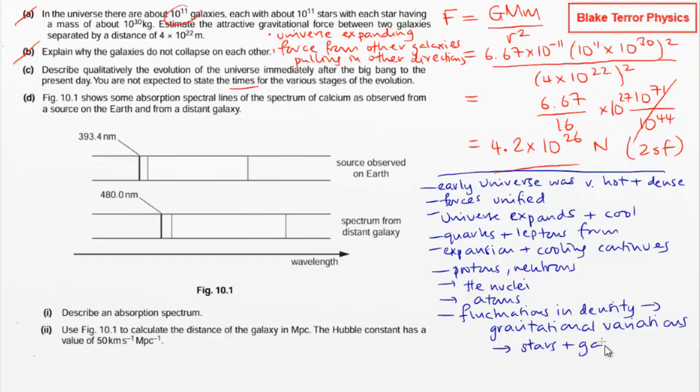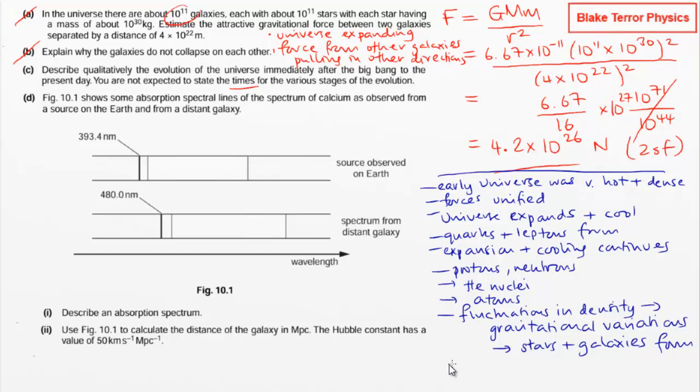Stars and galaxies form. So, okay, we've made a bit of a jump going from atoms all the way up to stars and galaxies, but we've made our point. Expand and cool, the more we're doing this, the more it's cooling down, the more we can get stuff clumping together. If everything's got too much energy, nothing's really sticky. So yeah, we've got that. Then up to the present day, that's really taken us.